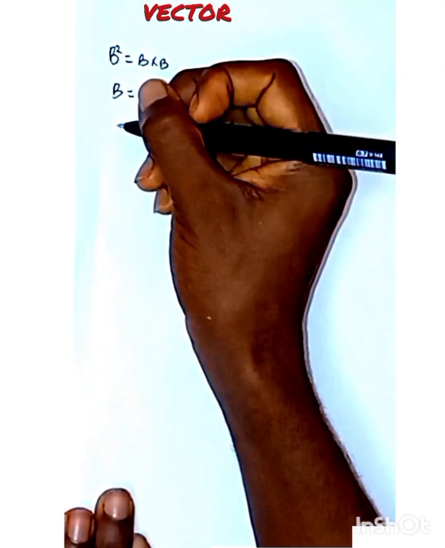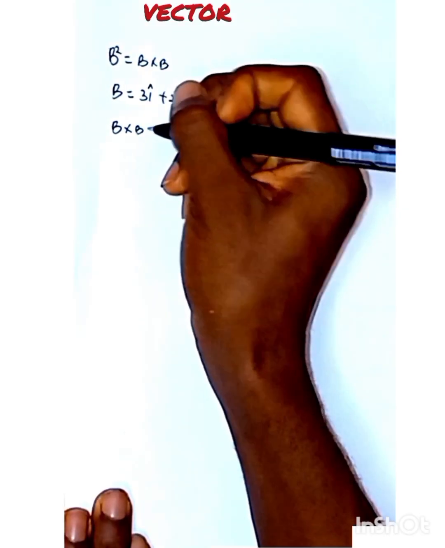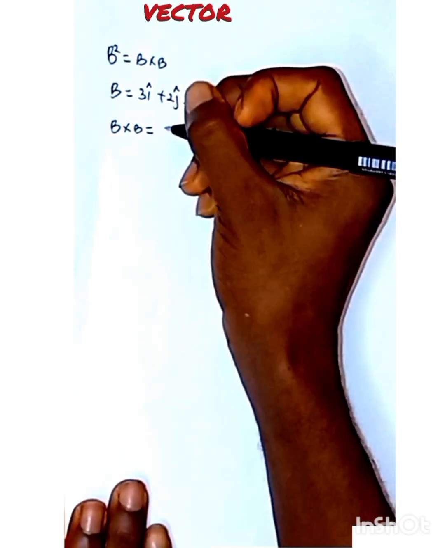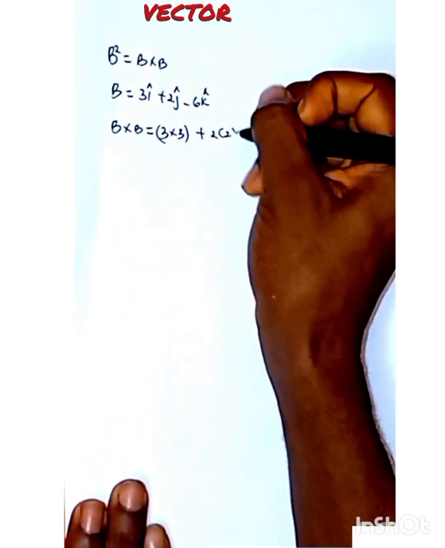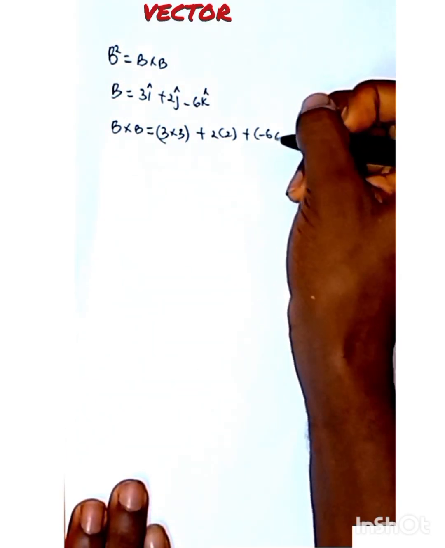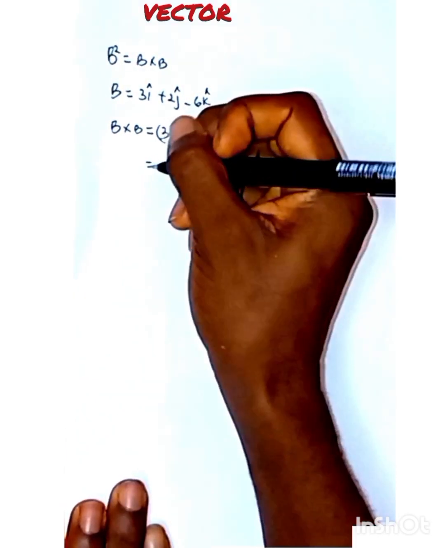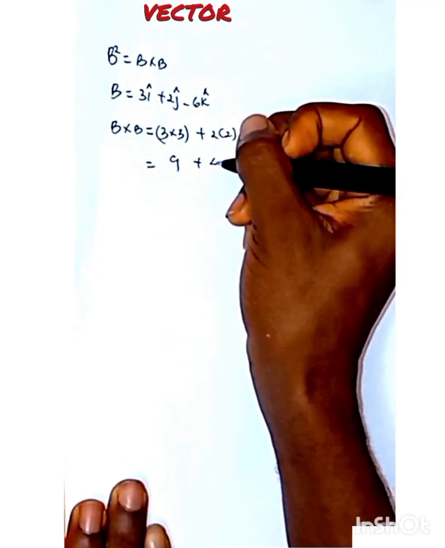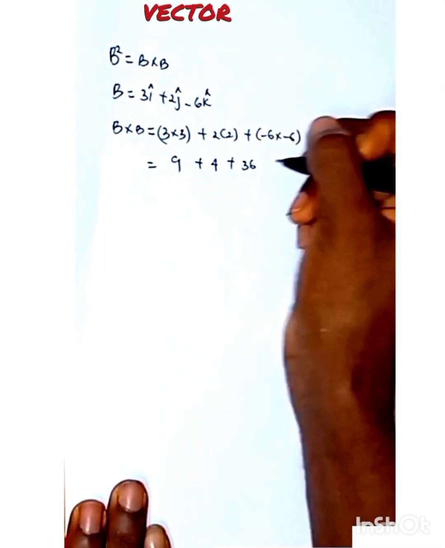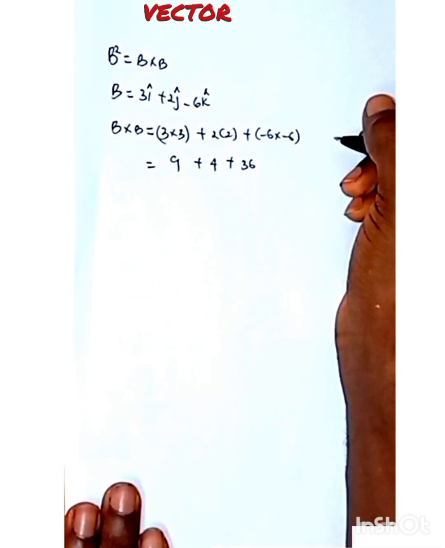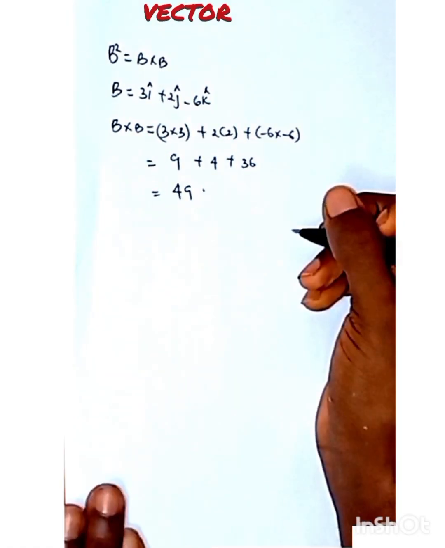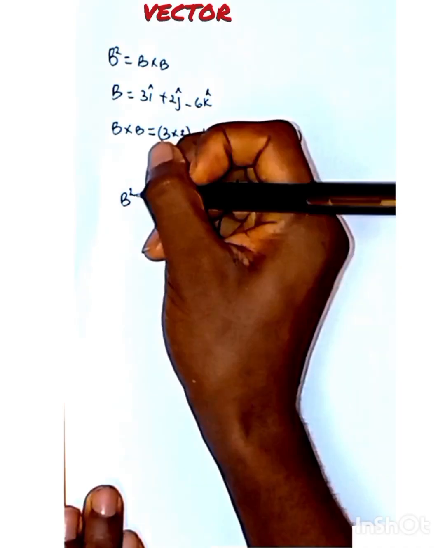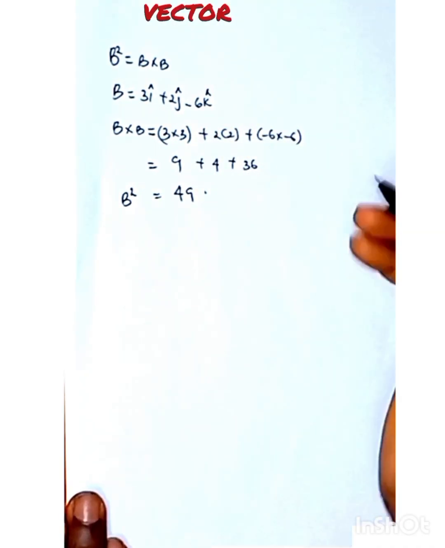So having B times B, we multiply 3 times 3, based on the direction, plus 2 times 2, plus minus 6 times minus 6. So this gives us 9 plus 4 plus 36. 9 plus 4 is 13, and 13 plus 36 is 49. So B squared is 49.